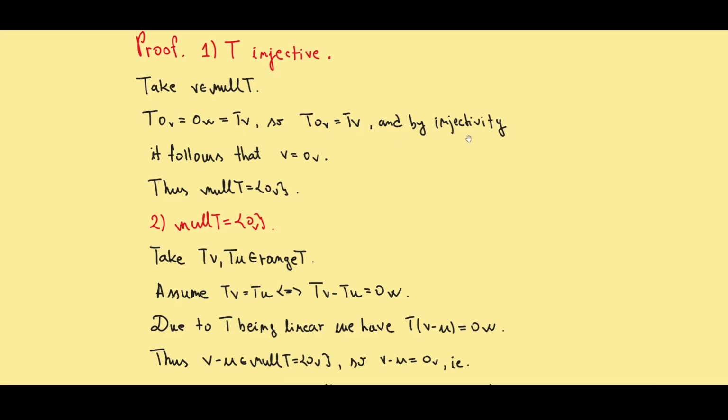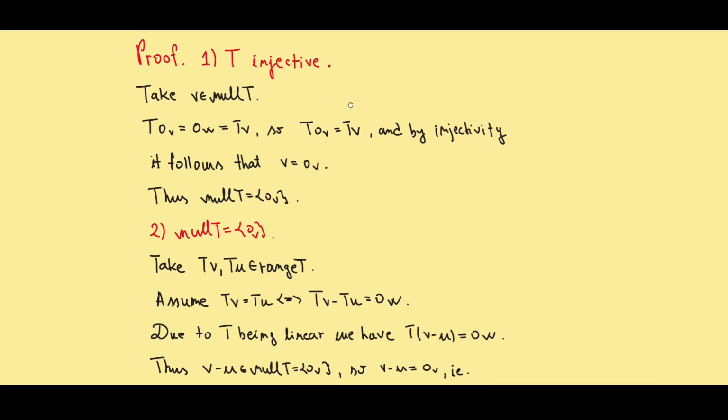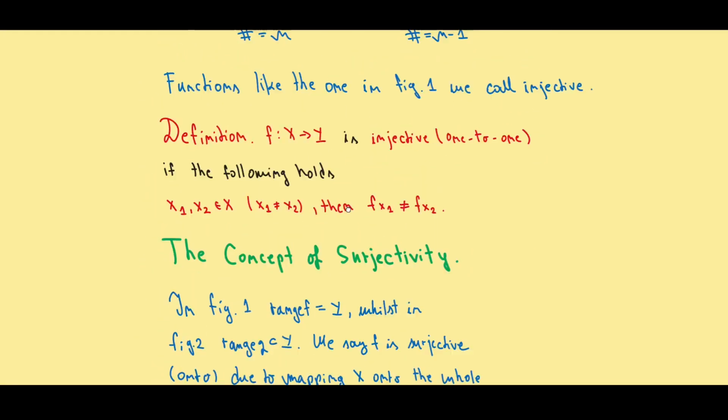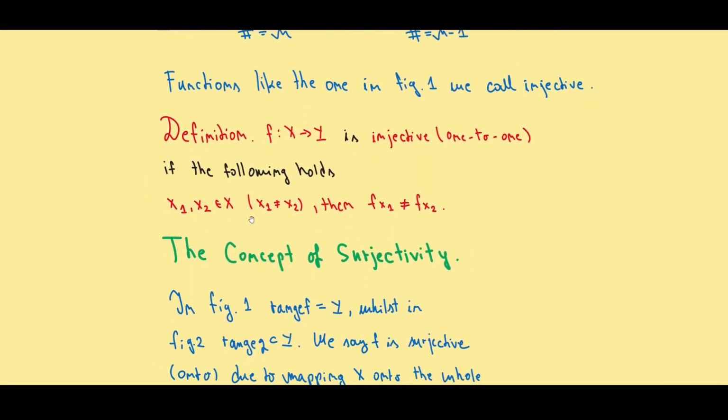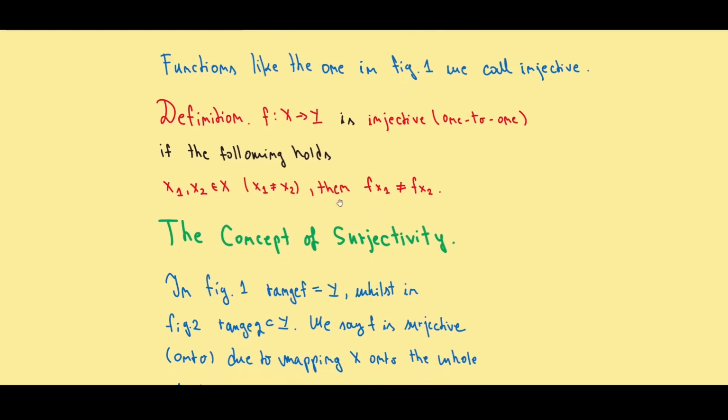And now by injectivity, the formal statement of injectivity was that if you have two different elements, they get mapped to two different elements. So you have this implication and you can take the contraposition.